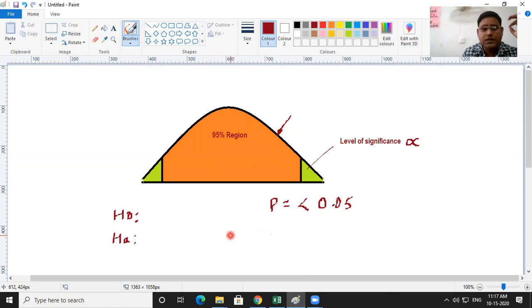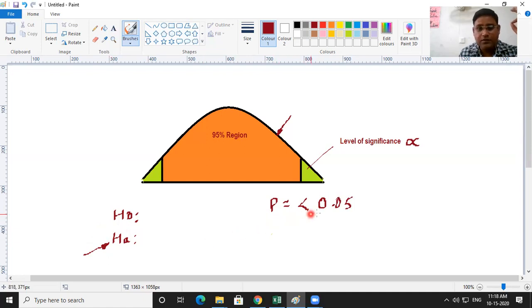Now we have to keep one thing in mind. We want to check whether the null hypothesis is rejected or accepted. But to check this, we put a test, we try a test, and that test is applied on alternative hypothesis.